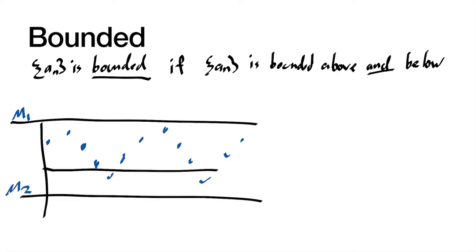But notice there's something else we could have done. We could have taken whichever one of these numbers was further from the origin and just used it and the negative of that number as well. So what we could have done is used, instead of M1 and M2, just M here.